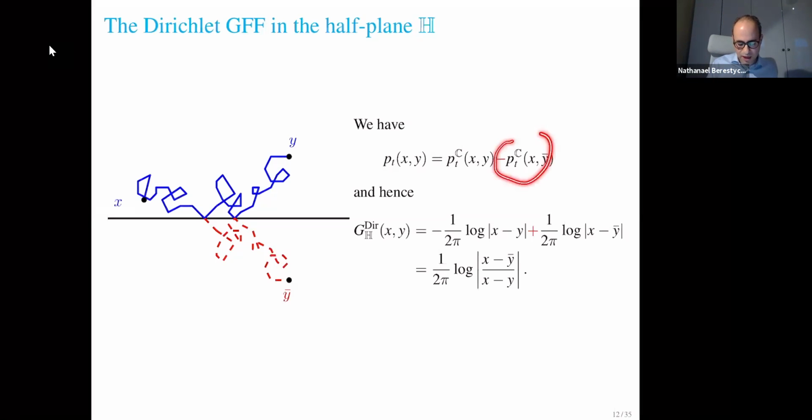In fact, subtracting the term on the right is exactly what is needed to make this finite. So when I do the integration, I get this term for the integral of the full plane transition probabilities, and I get exactly another term of the same type, but where the sign has been changed because I've subtracted the trajectories that ended up in y bar. And so that's the value of the Green function with Dirichlet boundary condition in the upper half plane.